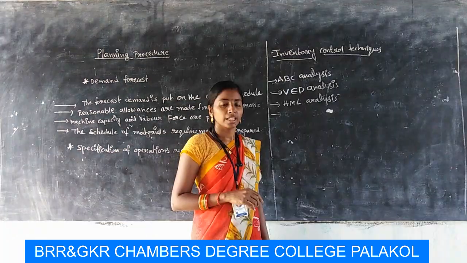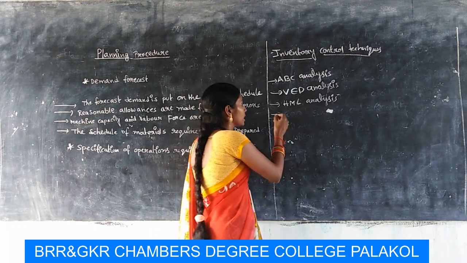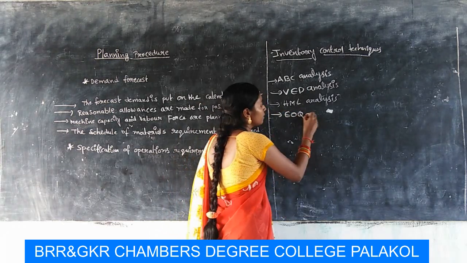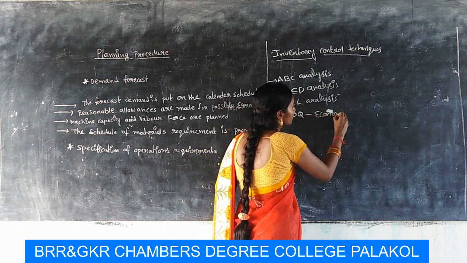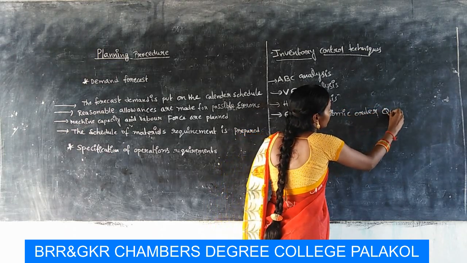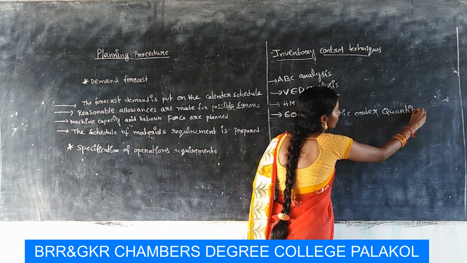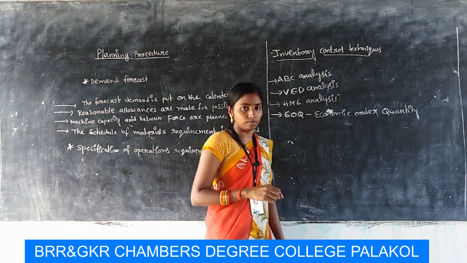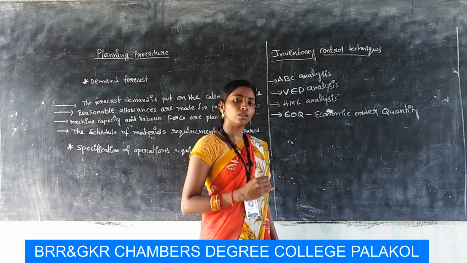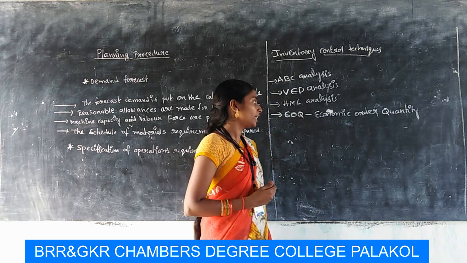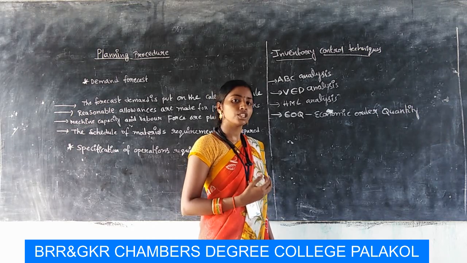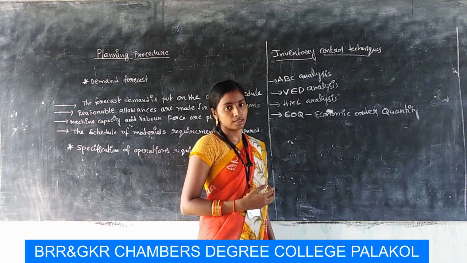And next one is EOQ. EOQ stands for economic order quantity. It is the quantity which reduces the inventory holding cost for the organization, and it is the classical theory regarding production and scheduling of the production process.